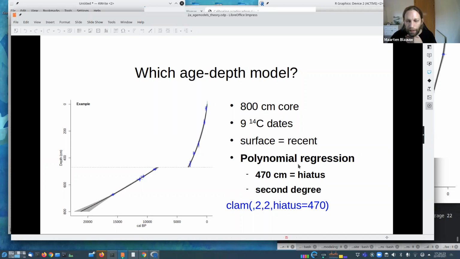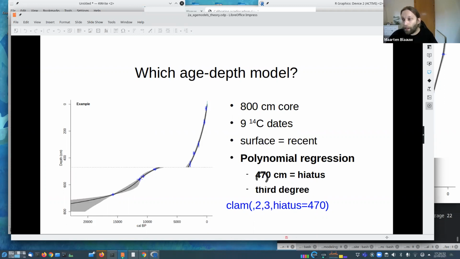Or we can also get a second degree polynomial regression. So we've got the polynomial regression, which is option 2, but then with a second degree. So we have 2 as the third option. So 2, comma 2, comma 2. And we also invoke a hiatus.